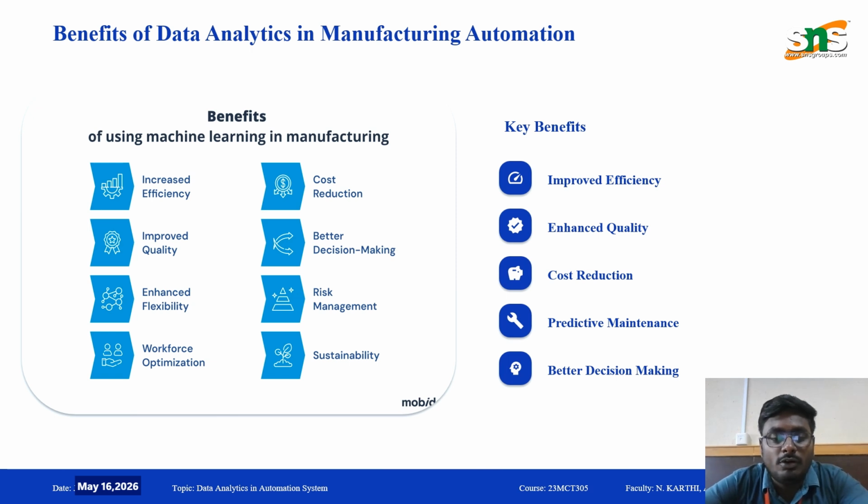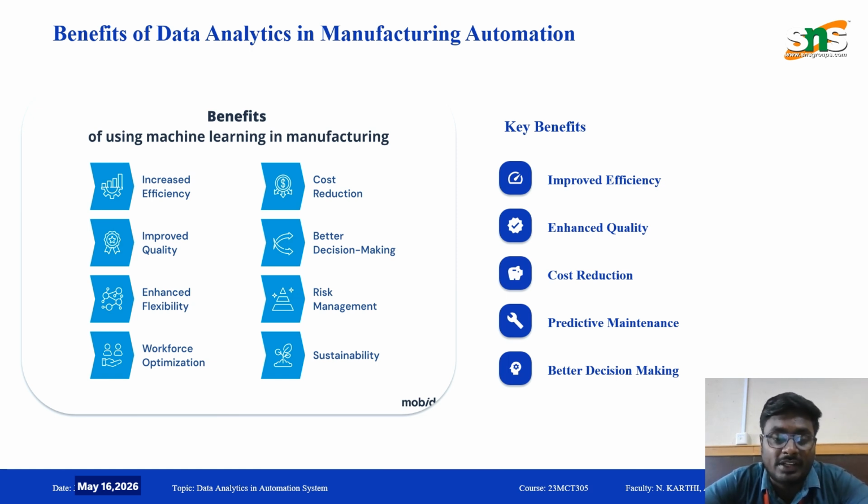So followed by this, the major benefits of data analytics in manufacturing automation are improved efficiency, enhanced quality, cost reduction, predictive maintenance, and better decision making. So why should industries invest in this? We invest in data analytics to optimize machine utilization and reduce idle time, which improves the efficiency of manufacturing.